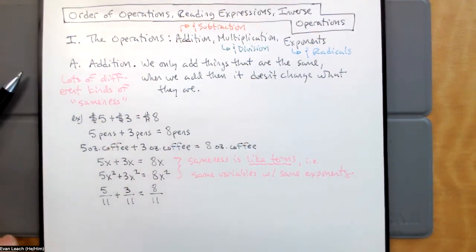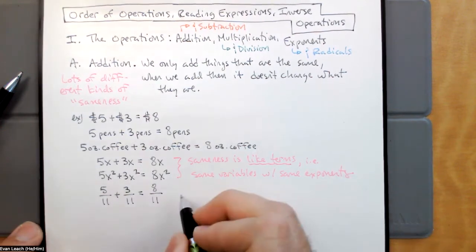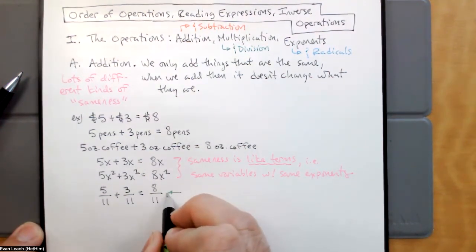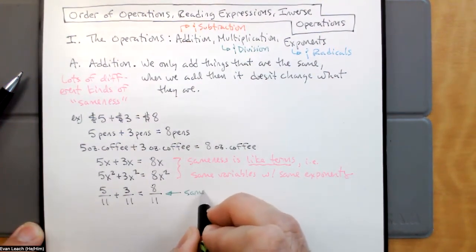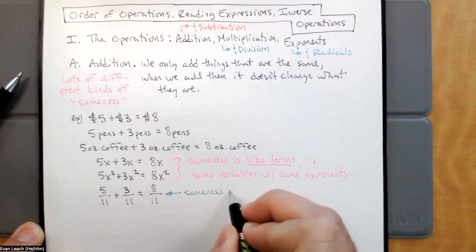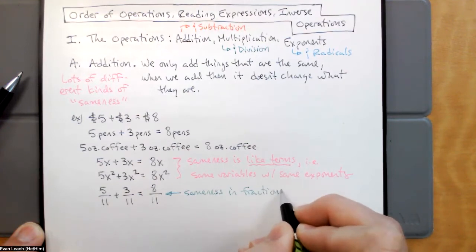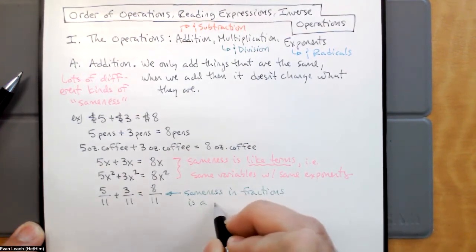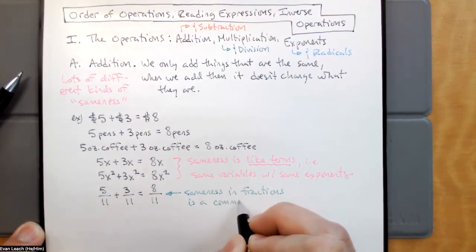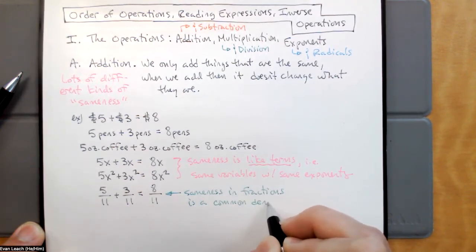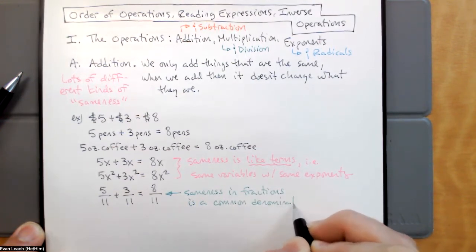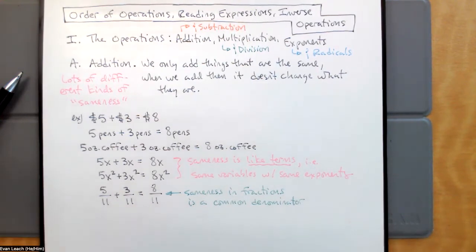Sameness in fractions is a common denominator.